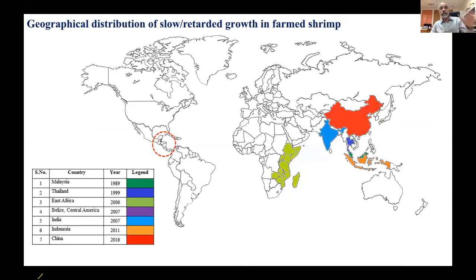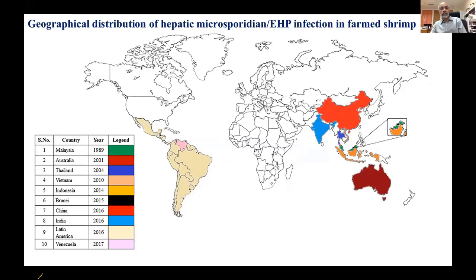Now you look at the geographical distribution. It is distributed in many countries, and you can see the EHP is now being circulated all over the world, because, as I have shown in the picture of the international trade of vannamei, it's all over.